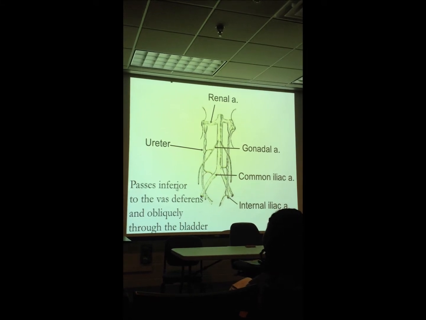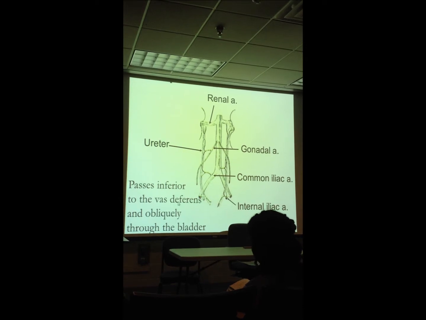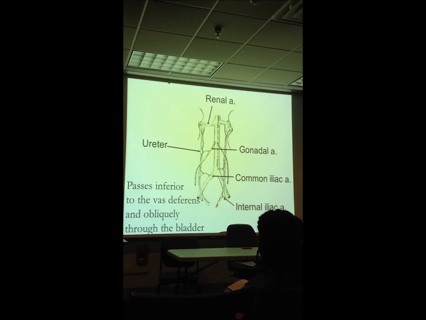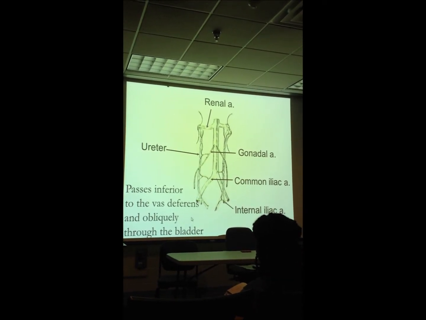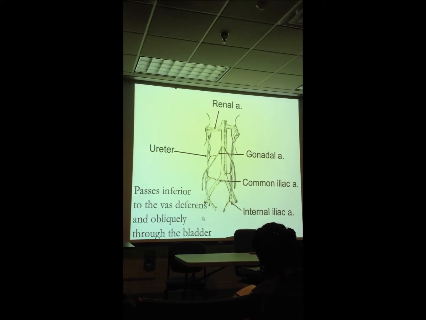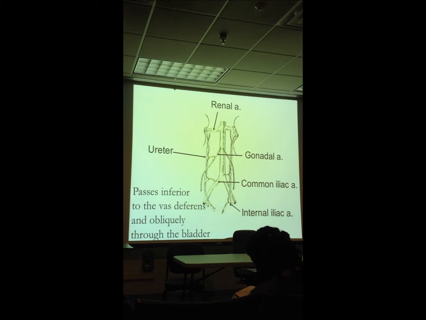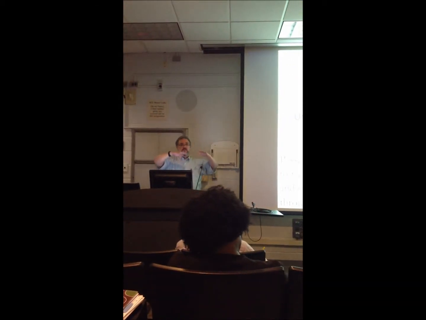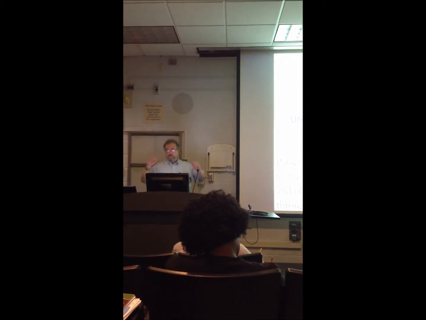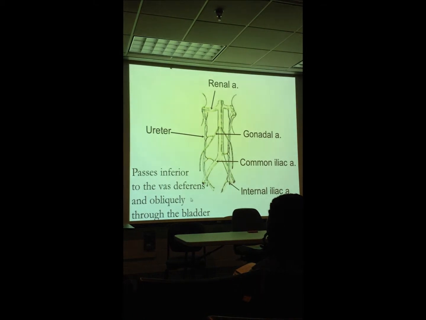Water under the bridge in the female is the ureter under the uterine vessels. It passes obliquely through the bladder. That's how it has sort of a mechanical closing action. As the bladder swells up, because the ureter goes through diagonally, swelling up squeezes the passageway closed. So as urine fills the bladder, it tends to mechanically close off and prevent urine from going back into the ureter.